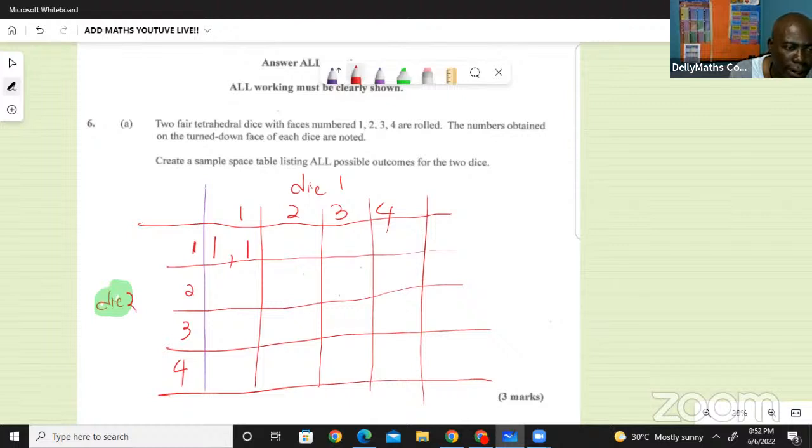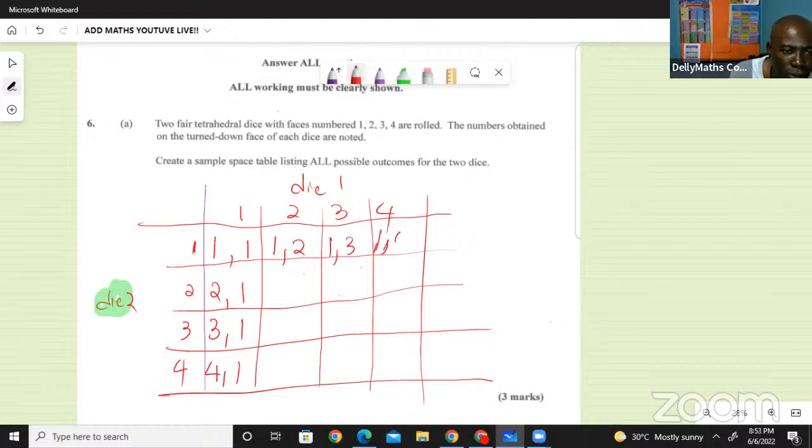I could get a 2 that still could come with a 1. I could get a 3 that could come with a 1. I could get a 4 that could come with a 1 from the other die. So you could see we have a 1 with a 1, a 2 with a 1, a 3 with a 1, a 4 with a 1. Then if you're really looking, there's a pattern. There could be a 1 with a 2, a 1 with a 3, a 1 with a 4.